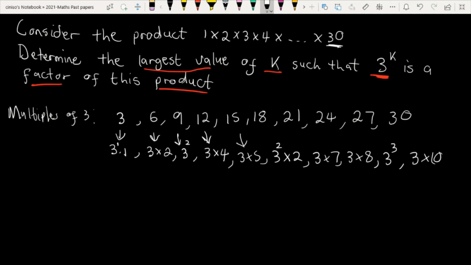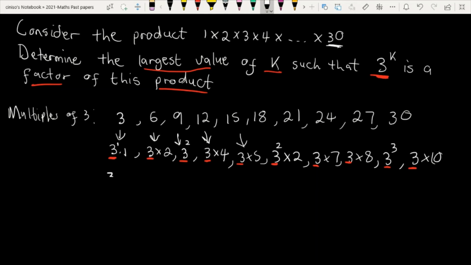So now, what are the factors? The factors are all the 3 values here, the factors of the entire product. So what you're going to do is add the powers of these factors.